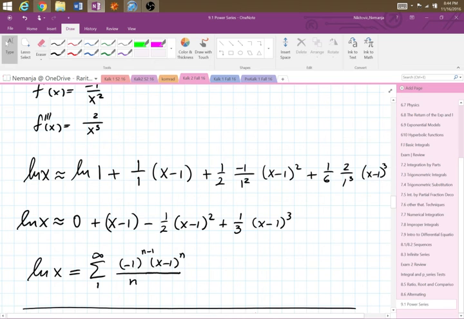So it's the original function plus 3 derivatives. Fair? And observe my notation. Very careful about that. ln x is approximated by 4 terms.